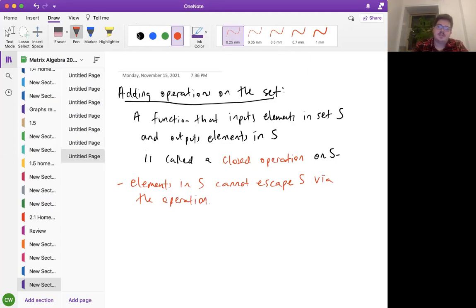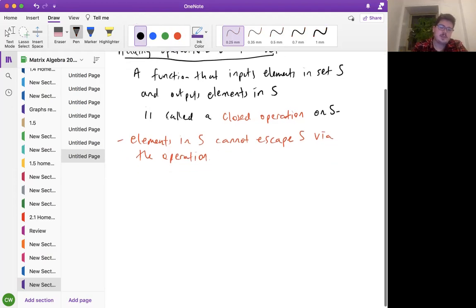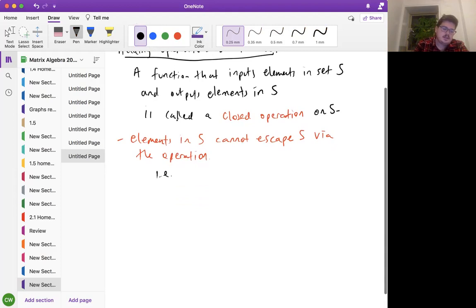So let's give an example and a non-example. First of all, another way of saying this is: if x is in S, then f of x is in S for all x. The function doesn't even have to be on one element.